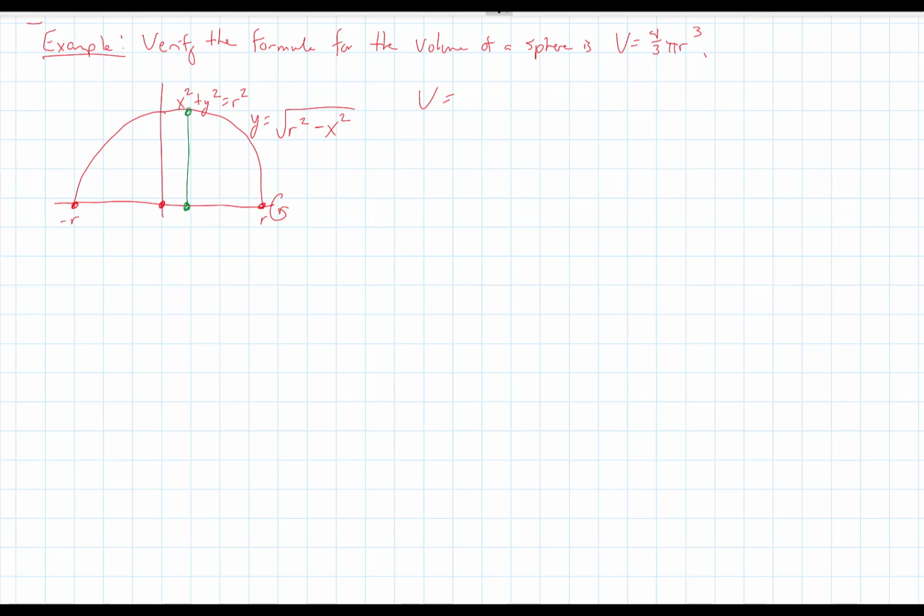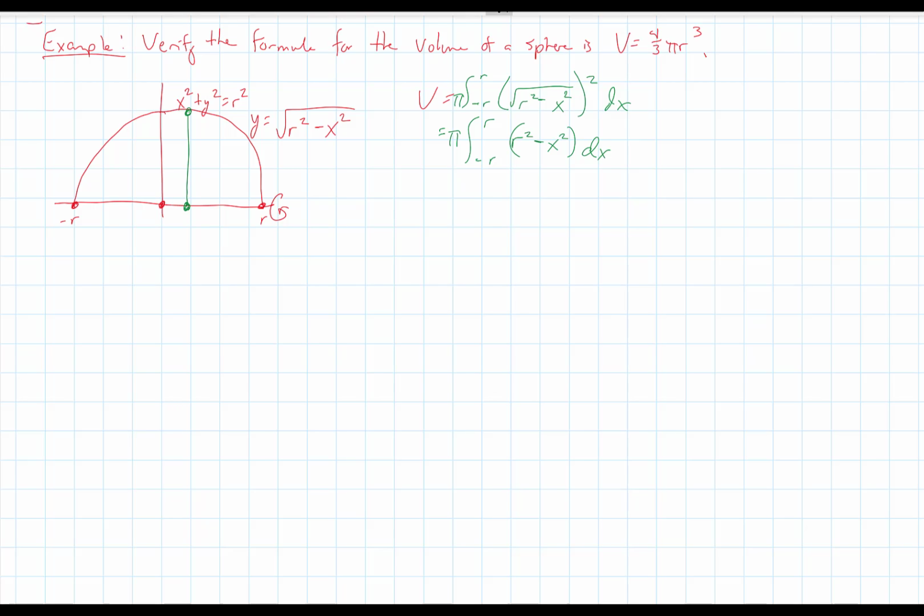So then volume is the integral from negative r to r of pi times our radius squared. So the square root of r squared minus x squared, squared, dx. So this is pi times the integral from negative r to r of r squared minus x squared dx.